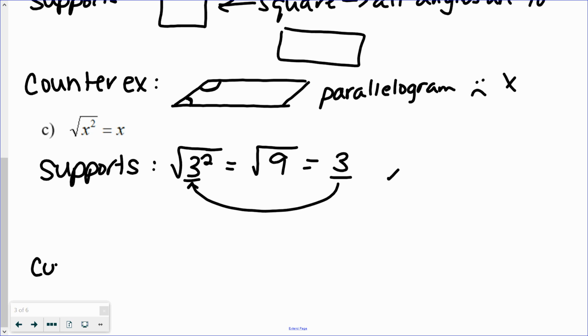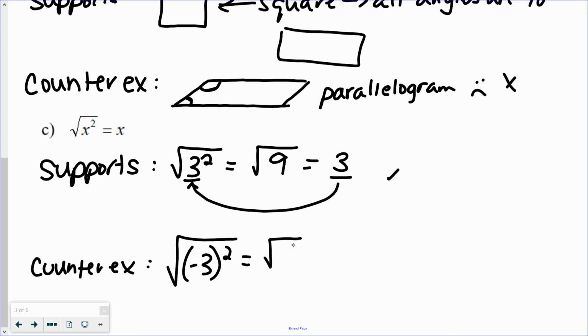So a counterexample, just the square root of negative 3 squared. So negative 3 multiplied by itself is equal to positive 9. The square root of 9 is equal to 3.